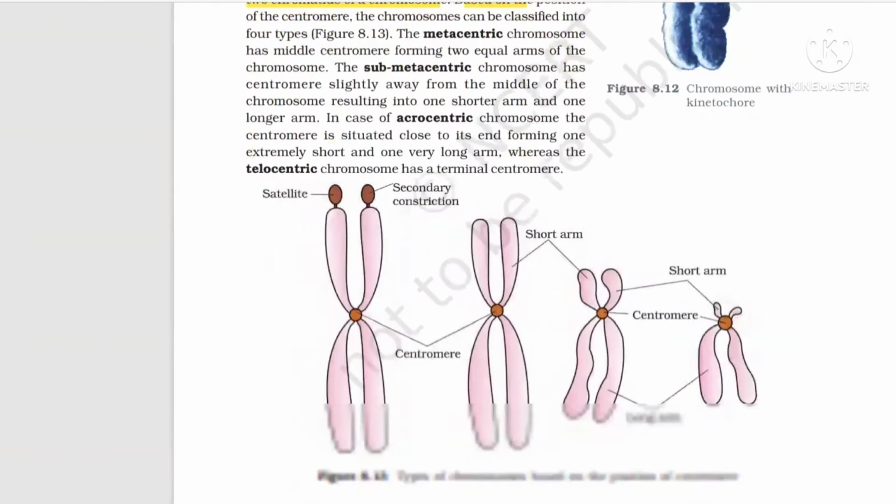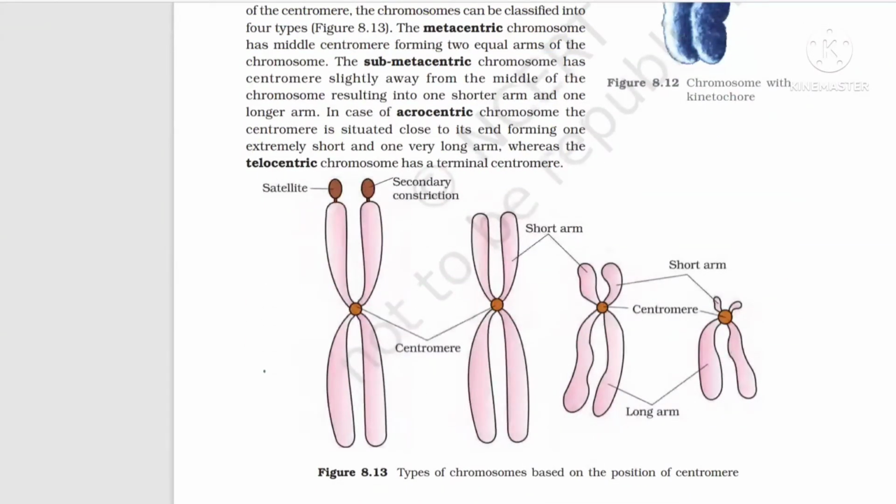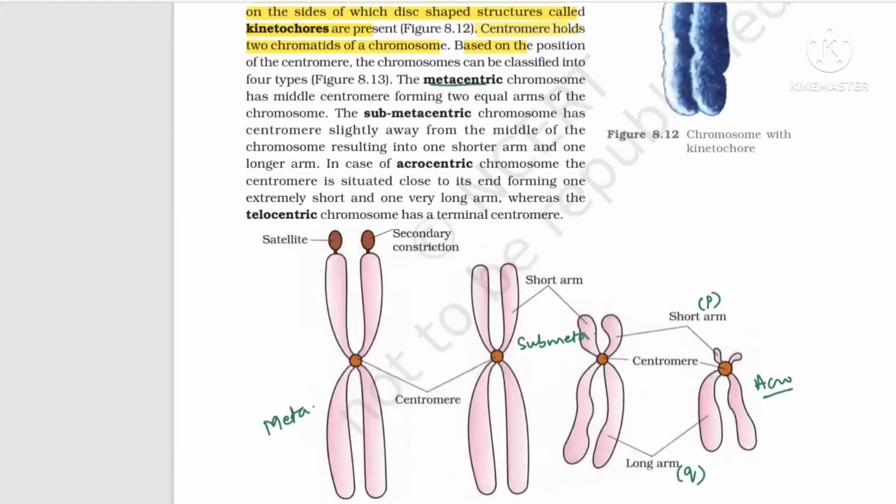Based on position, this is metacentric, this is submetacentric, both are submeta. This is acro, it is not telo, acrocentric. Long arm, write down Q arm, and short arm, P arm. Metacentric has a middle centromere, submetacentric is shifted a little away from the middle, acro means situated close to the end, and telo means it has reached the terminal.